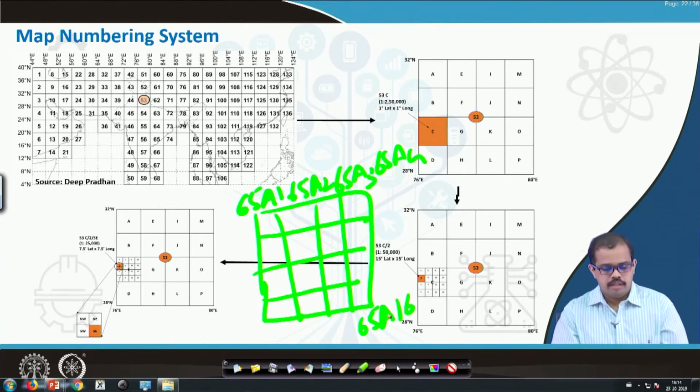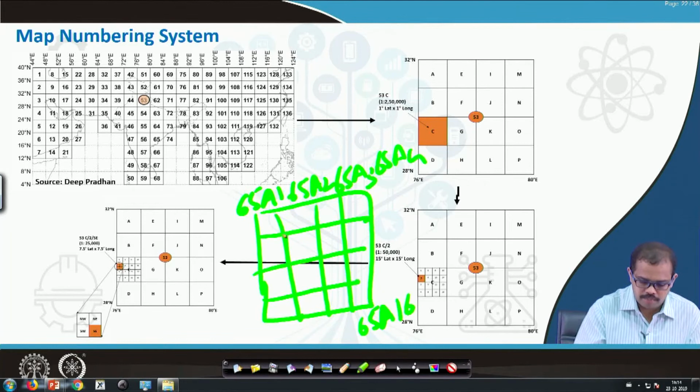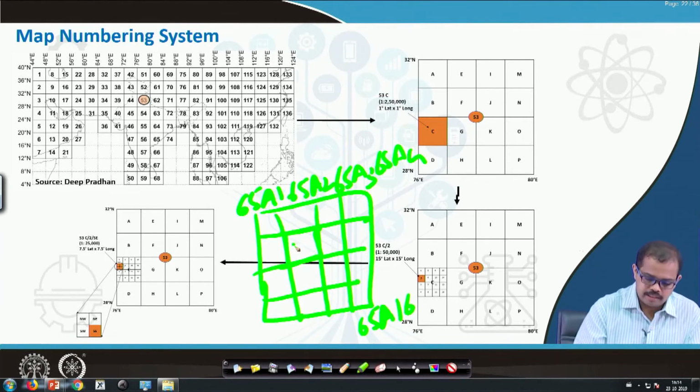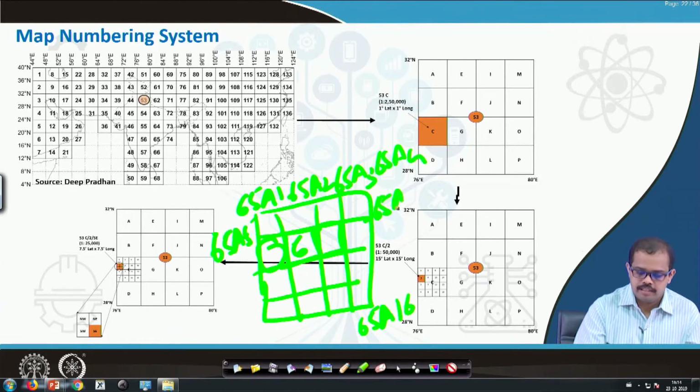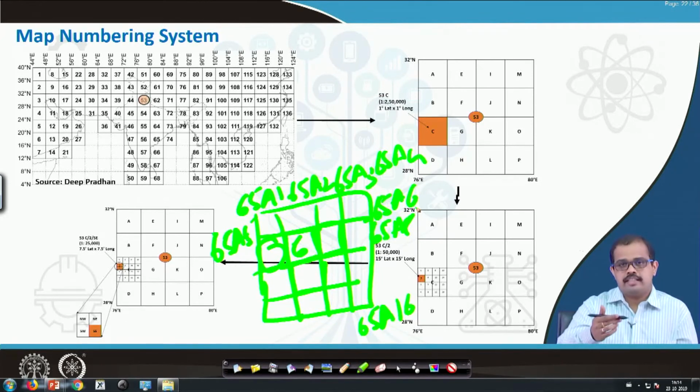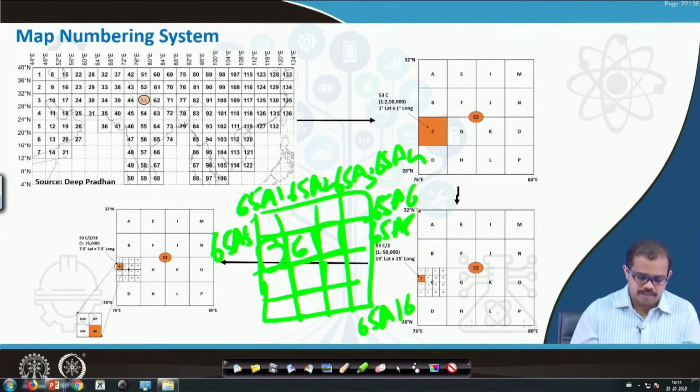Now, if someone has taken this particular map that is representing Hyderabad, this may be, let us say, 6. If someone has to find this map, then they just take 65A5. If someone wants this map, it is 65A6. If someone wants this particular map, 65A8. This is how you find out which map you may need for adjacent boundary representations.